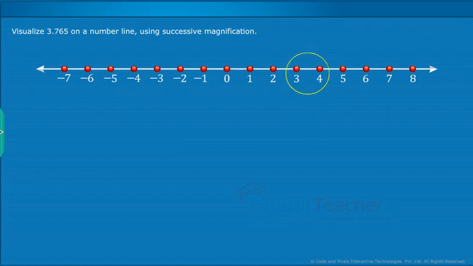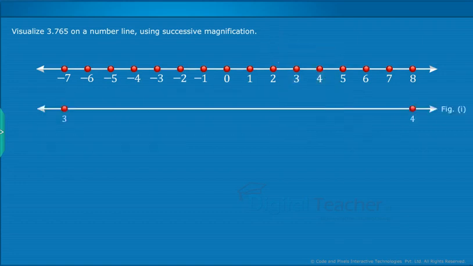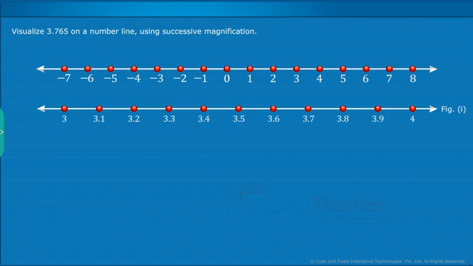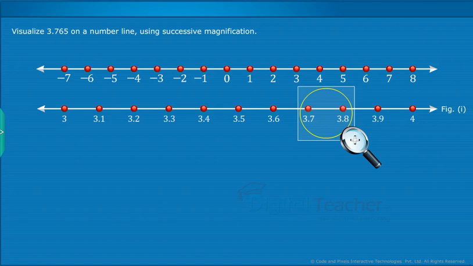To have a rough idea for locating it on a number line, make 10 equal parts and mark them as 3, 3.1, 3.2 and so on up to 4 as shown. Now look at the portion in between 3.7 and 3.8 using a magnifying glass and realize that 3.765 lies between 3.7 and 3.8 as shown in figure 1.